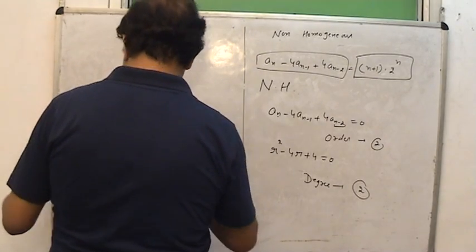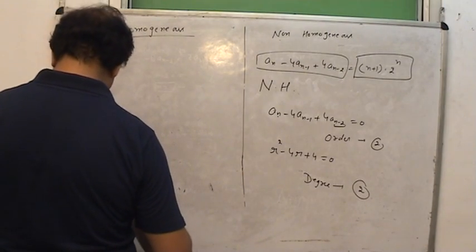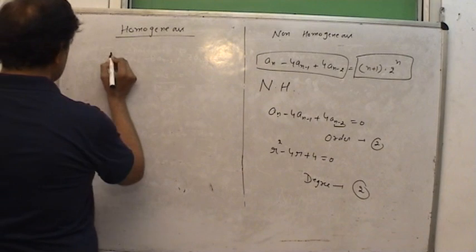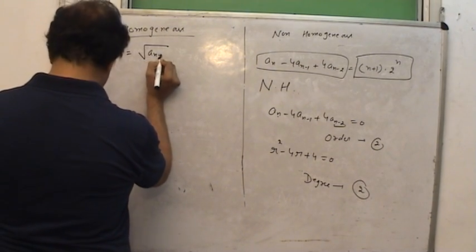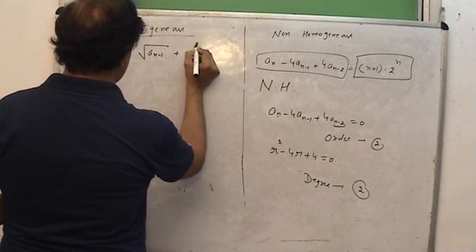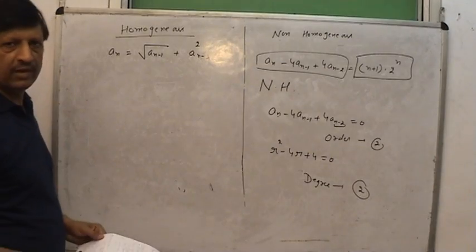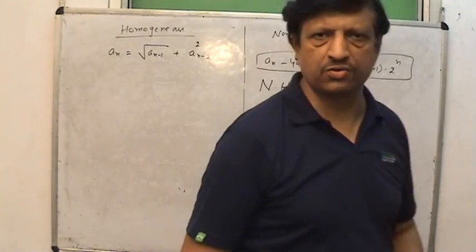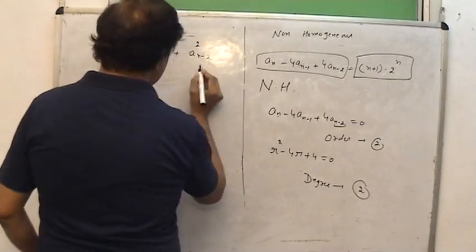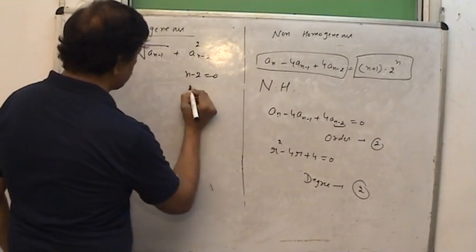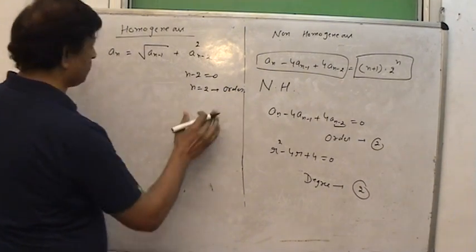Say an is equal to under root of an minus 1 plus a square n minus 2. Let us check whether it is homogeneous or non-homogeneous. From here we can simply find n minus 2 is equal to 0, n is equal to 2. It is the order of the recurrence relation.